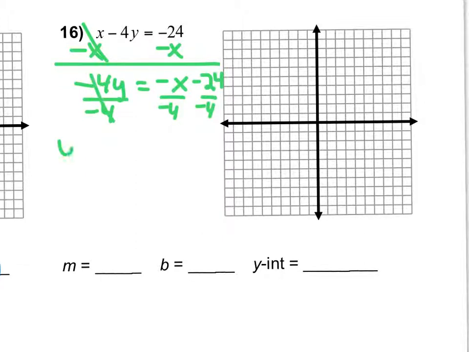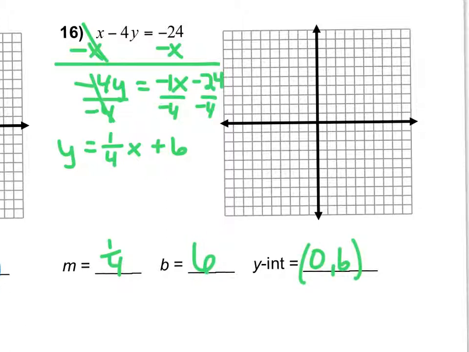So I get y equals, now remember this is a 1, so -1 divided by -4 is positive 1/4, and you put the x on the side. And then a -24 divided by -4 is positive 6. All right, so now I have 1/4 as my slope, 6 there, and 0, 6 here.